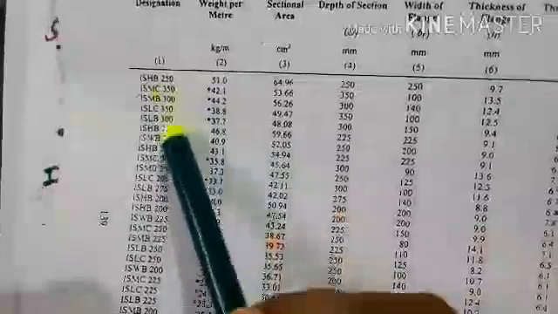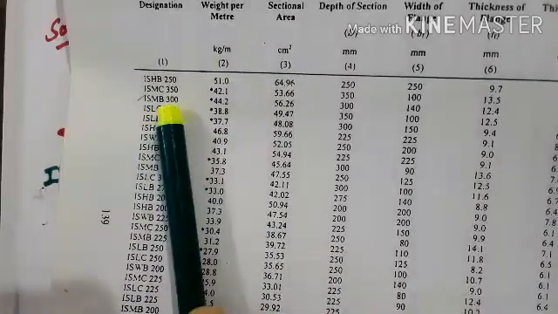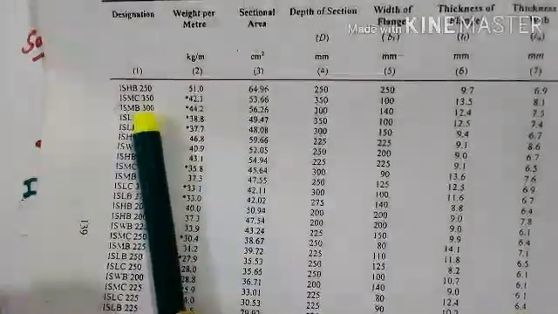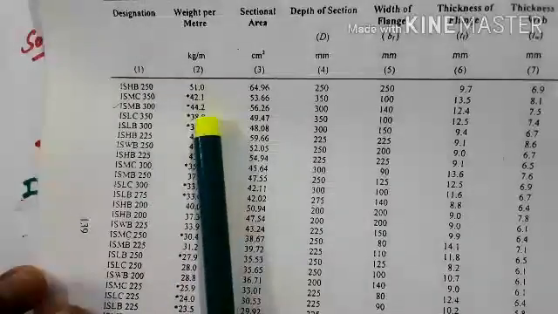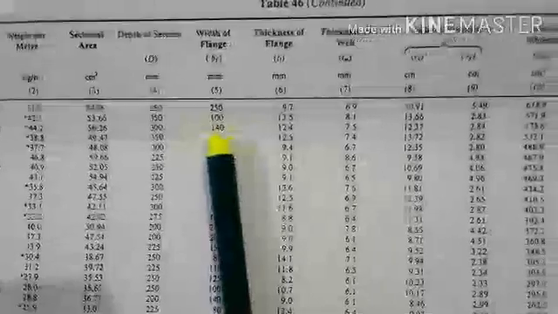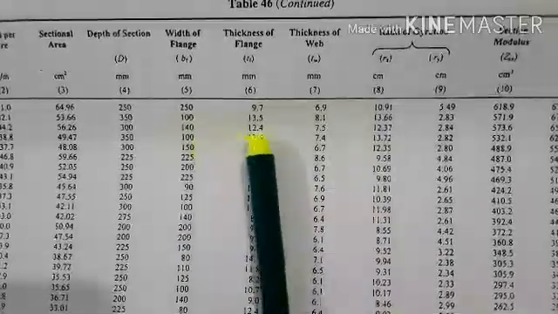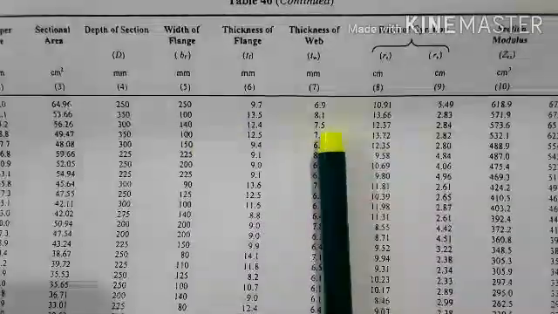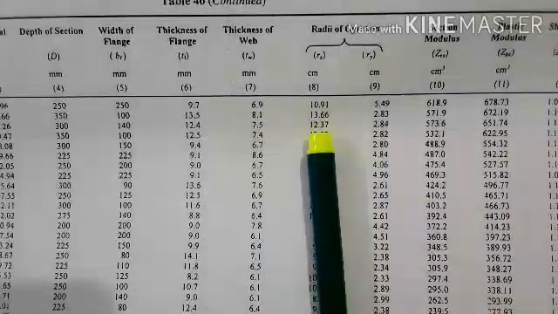See here, ISMB 300 is given, with weight per meter 44.2. Then sectional area, depth of the section, flange width, flange thickness, thickness of web, radius of gyration, and then the section modulus.